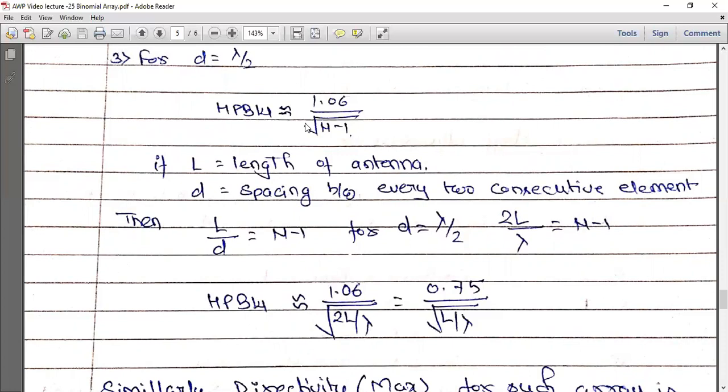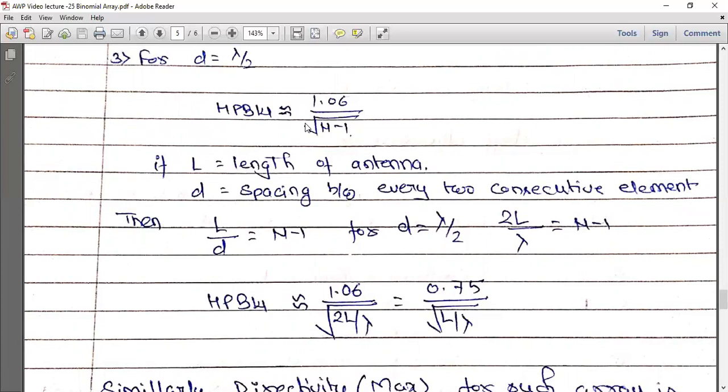We know very well what half power beamwidth is. Half power beamwidth is the angular separation between two directions in which the radiating power is half of the maximum value, on both sides of the maximum value.